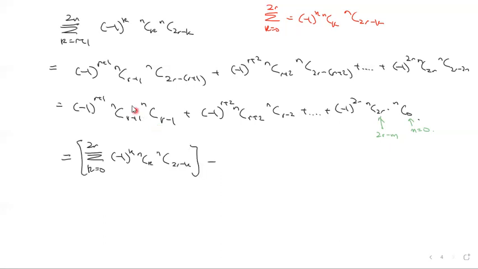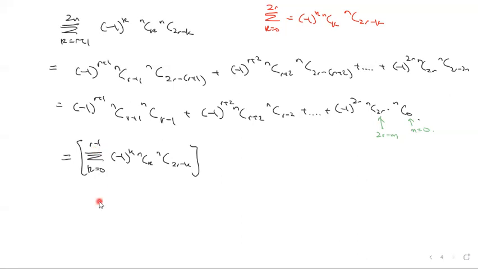Minus 1 term, which is you've got everything from 0 to r minus 1. I'm saying that these two are equal if I go from 0 to r minus 1.